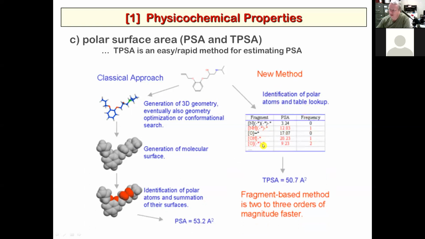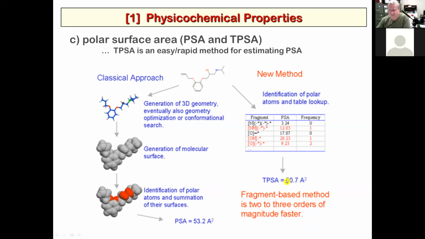Basically, and this is a little bit of computer code, the idea is that polar surface area is so well understood that a computer program can really just look at the different fragments of all the pieces and have a little table. So it can very quickly figure out the polar surface area of all the little fragments, and then it can just add it up.